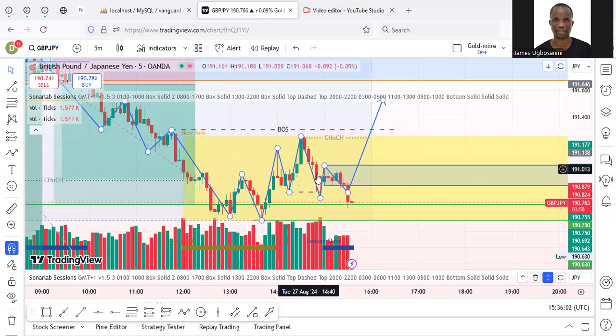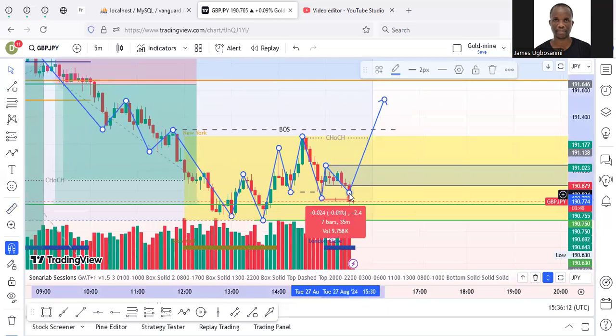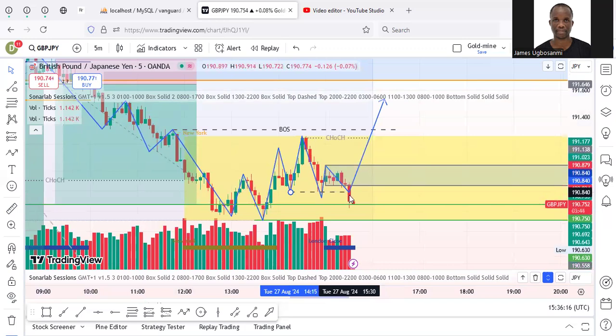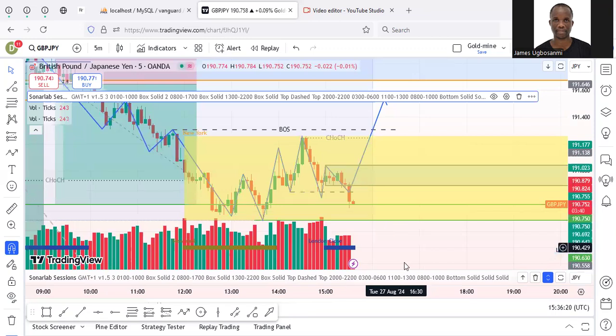But if the market breaks below this lower high, that means the direction of the market has changed. If you extend this line like this, you could see that the market has finally broken below this lower high.